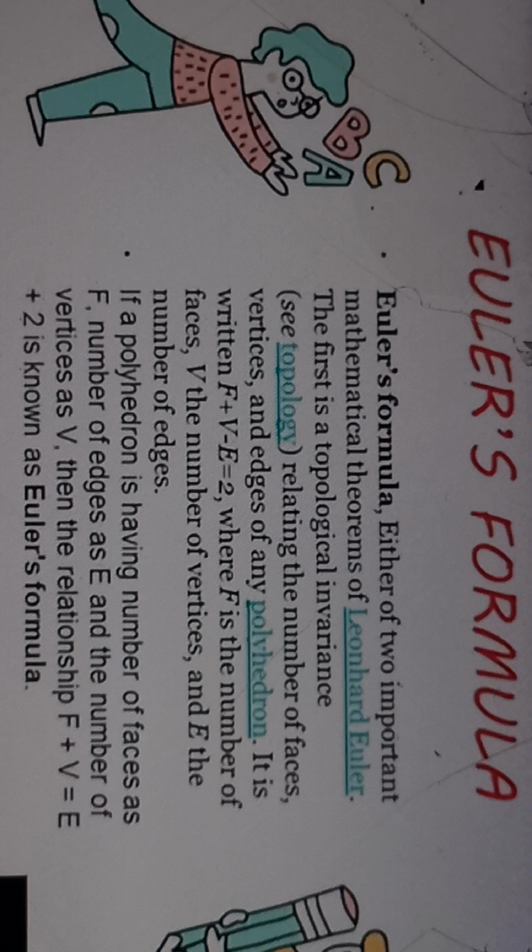It is written f plus v minus e is equal to 2, where f is the number of faces, v the number of vertices, and e is the number of edges. If a polyhedron has f faces, e edges, and v vertices, then the relationship f plus v is equal to e plus 2 is known as Euler's formula.